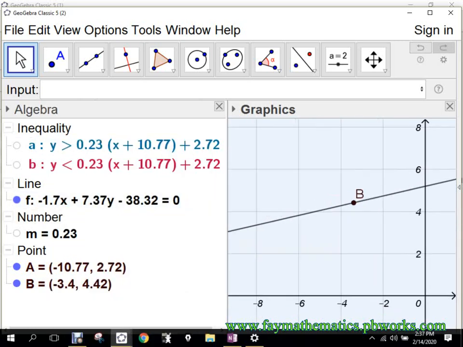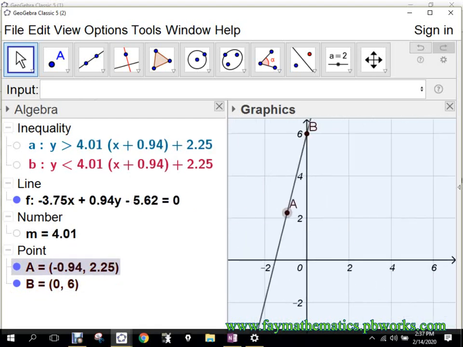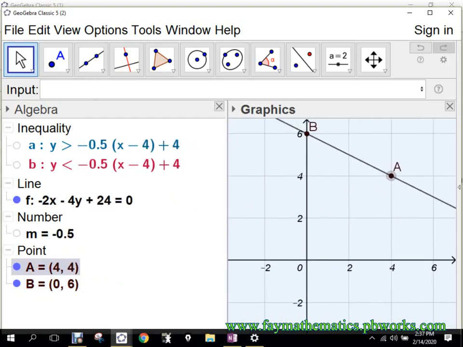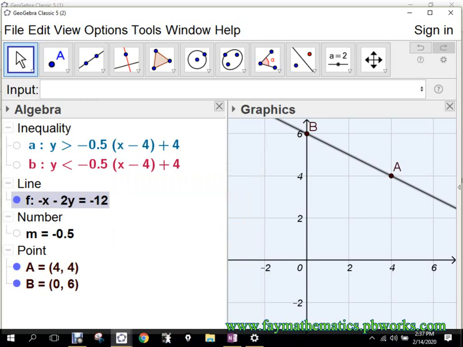So let me make the line a little cleaner looking in terms of an equation. Let's say that's my line right there, and I'm going to put it in standard form like that. You remember seeing an equation like that?